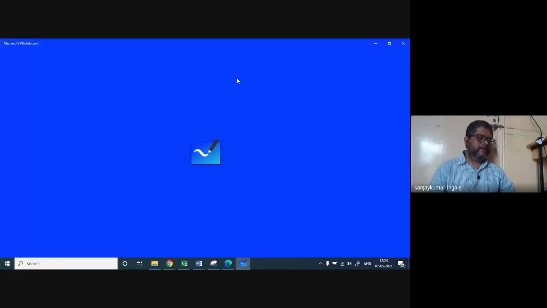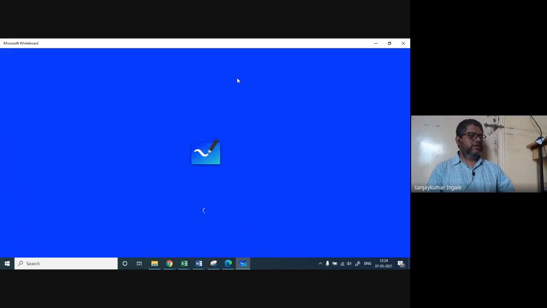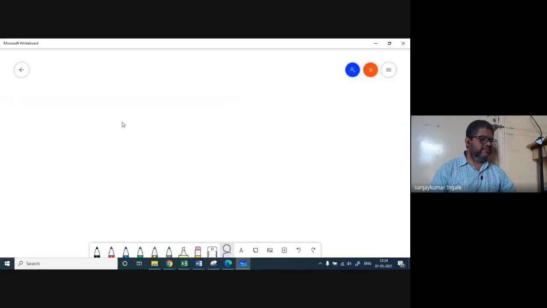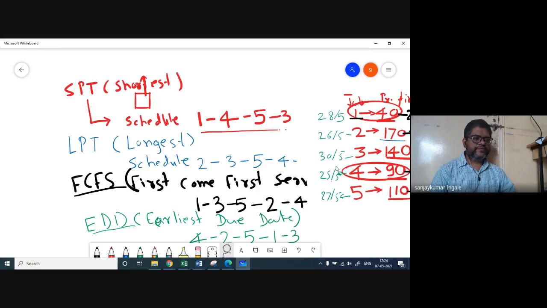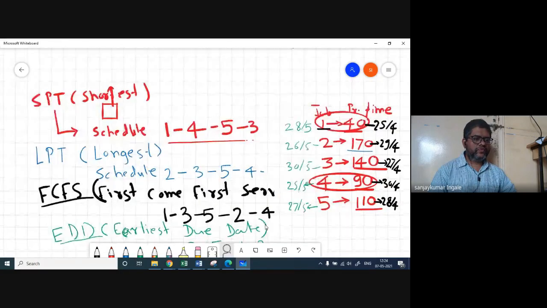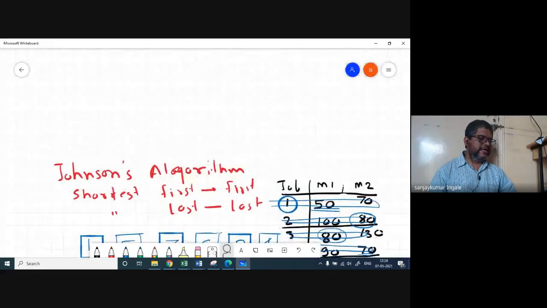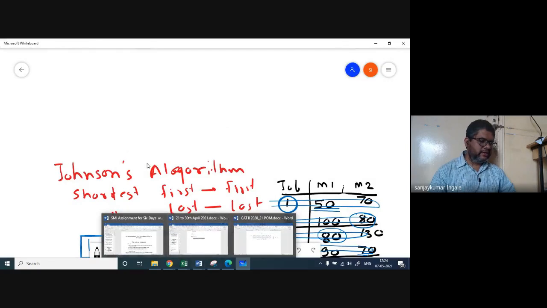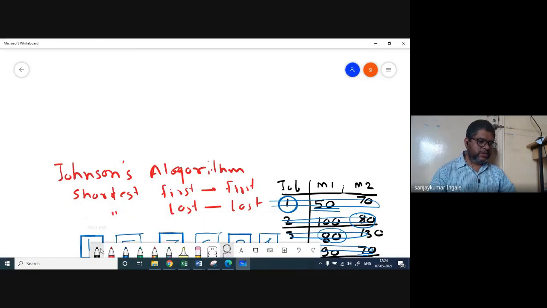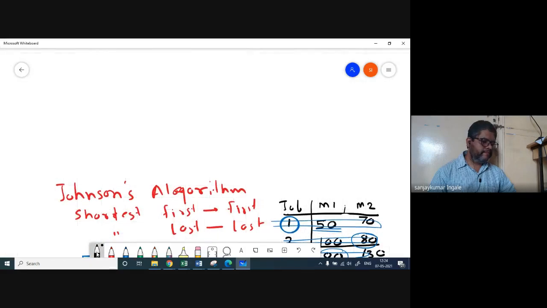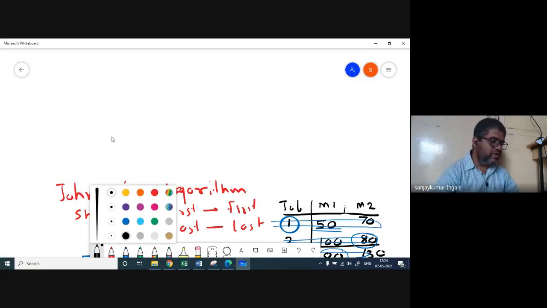See here, in a Gantt chart, you know that on one axis we take the machine. So I draw it here.